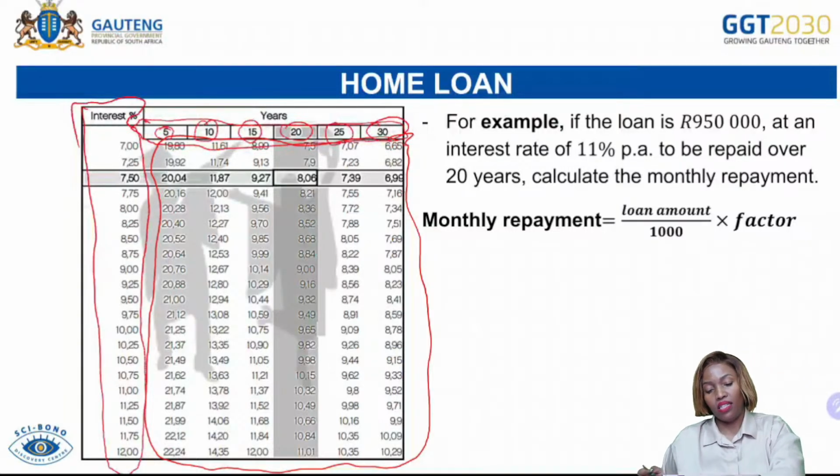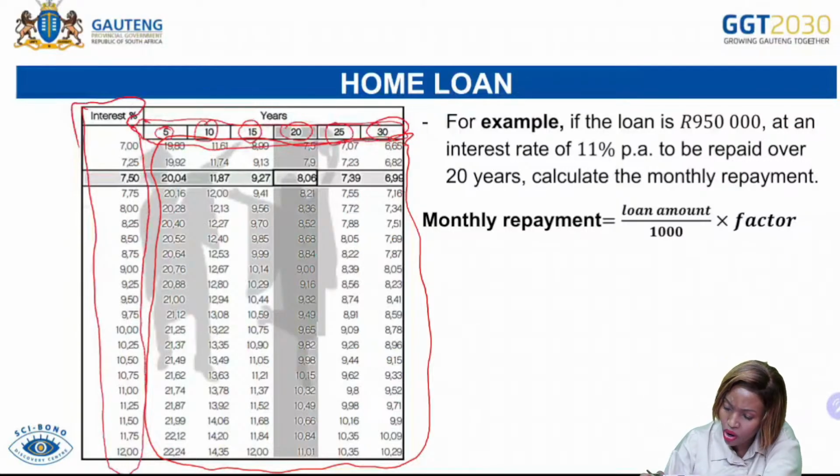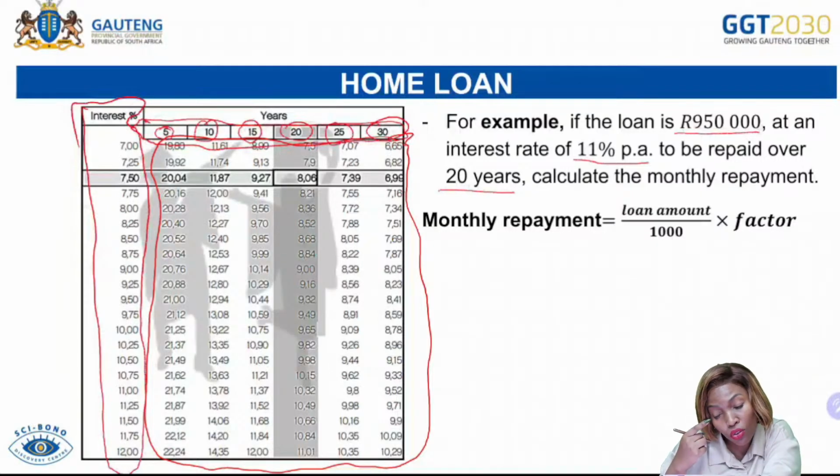Let us take an example here. If the loan is 950,000 at an interest rate of 11% per annum, and this is to be repaid over 20 years, calculate the monthly repayment. So this is the formula for the monthly repayment.